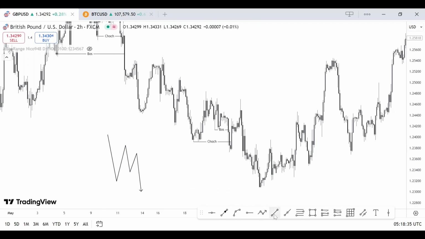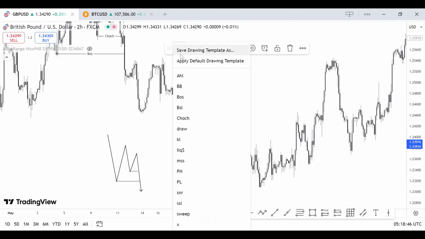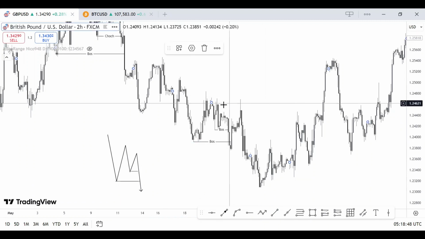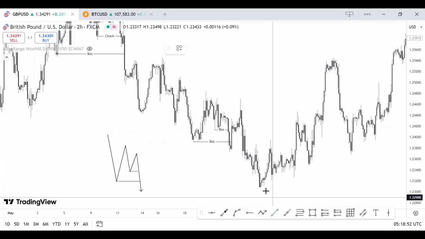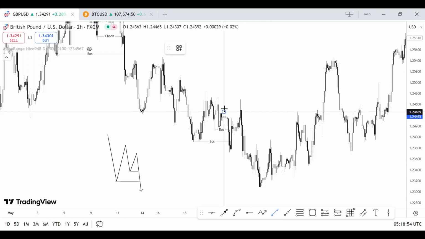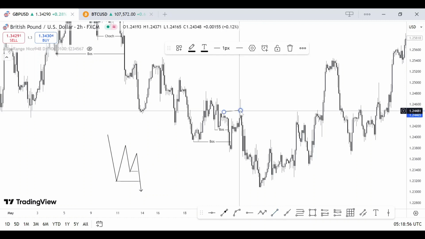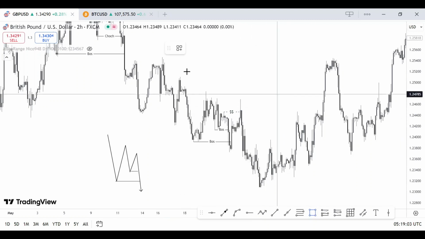You see, it had a break of structure here, and another break of structure here, which is this. So what do we start looking for? This is your liquidity. Sorry. And liquidity. So what do we start looking for? We start looking for an entry point.